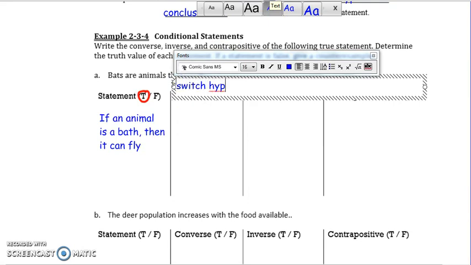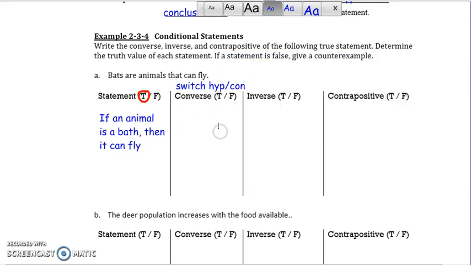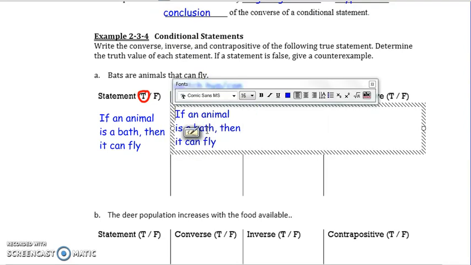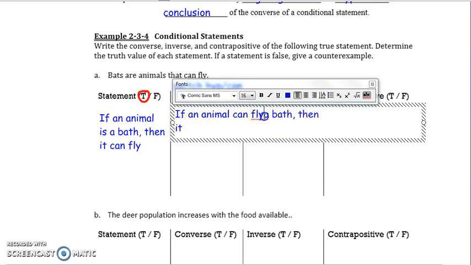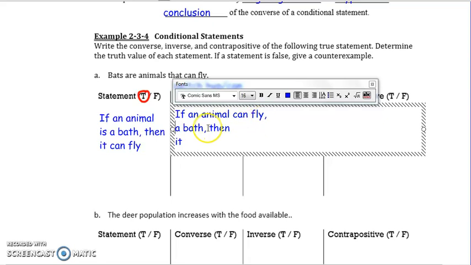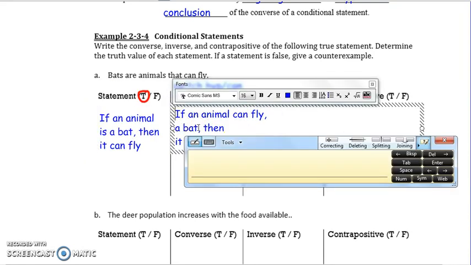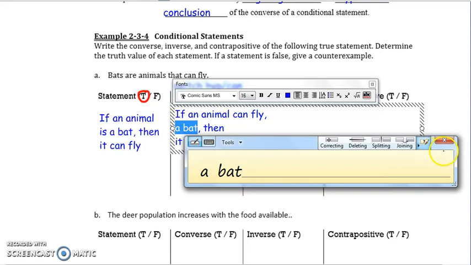All right, so now on the converse, we are going to switch the hypothesis and the conclusion, okay? So we are going to say if an animal can fly, comma, then, oops, not a bath, it's a bat, then it is a bat.